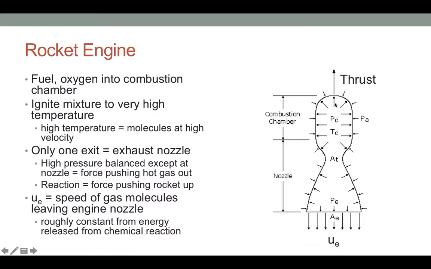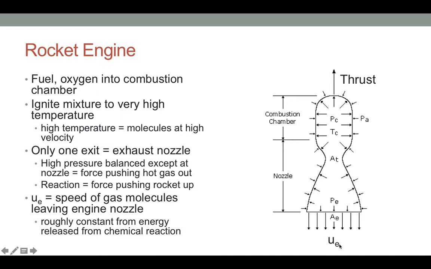In this combustion chamber right here, temperatures get very high, and therefore there'll be very great pressures on the combustion chamber. Note we have an opening at the bottom. The opening at the bottom means the pressure at the bottom is unbalanced by the pressure at the top. That's what's going to give us an unbalanced upward thrust. Pressure up here is not balanced by pressure at the bottom. The nozzle basically just allows the escape gases to increase speed.